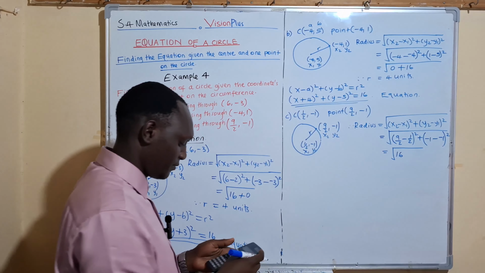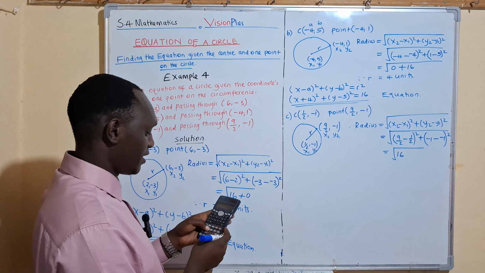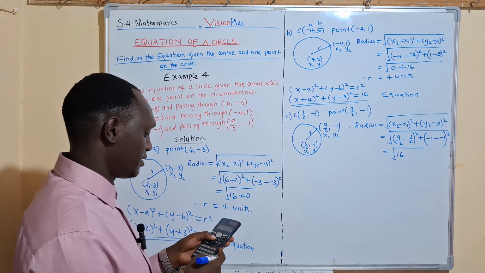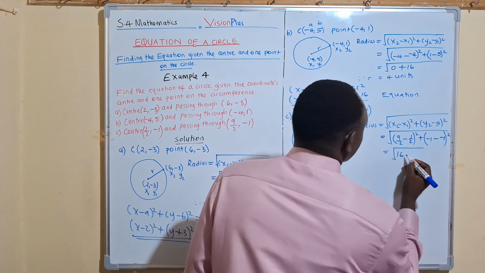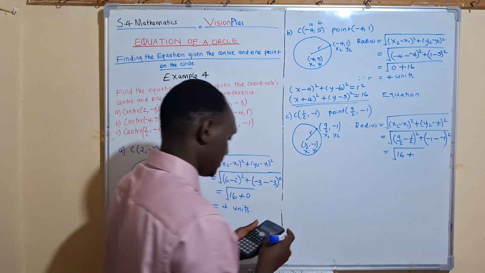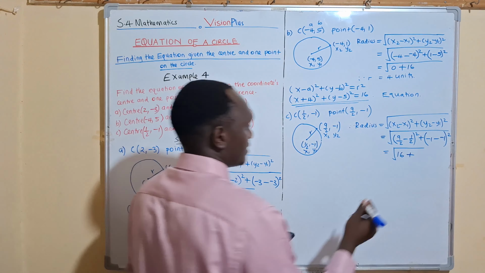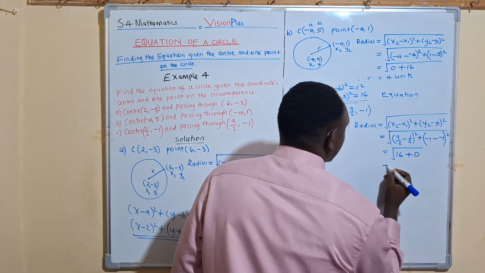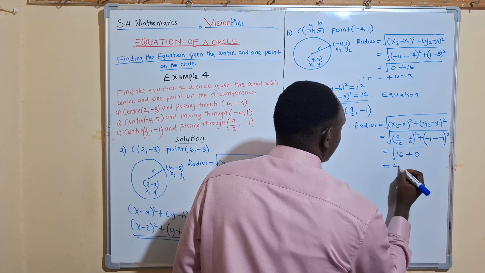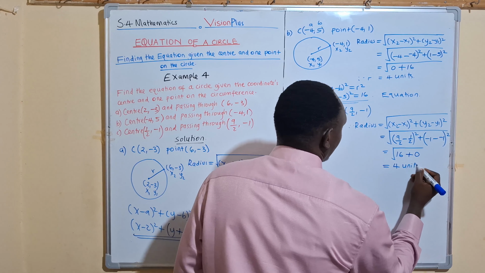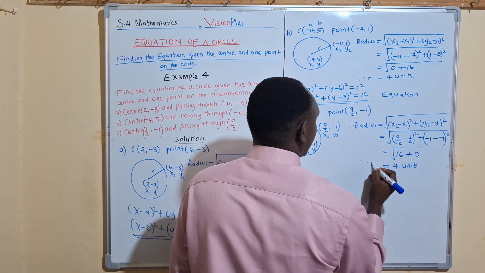And just to be sure, that is the same as 4.5 minus 0.5. Yes, it is 4 squared, 16, plus -1 minus -1, which is 0. 0 squared is 0. 0 plus 16, 16. Root of 16 is 4 units. So we have obtained our radius as 4 units.